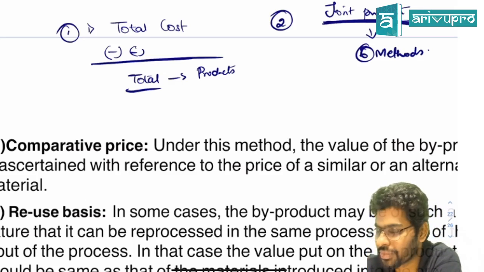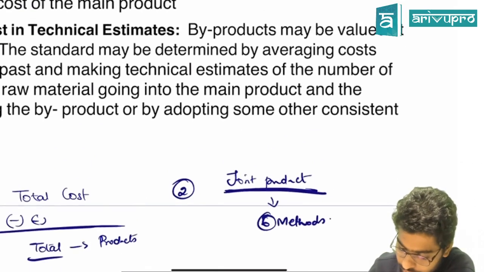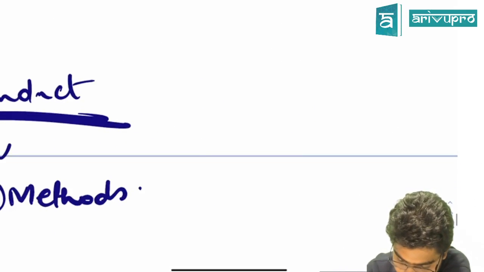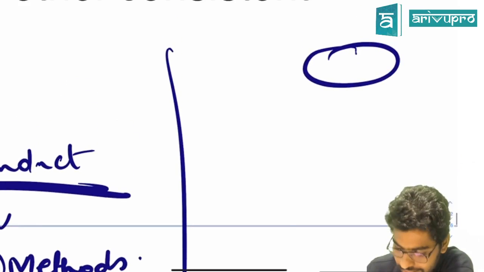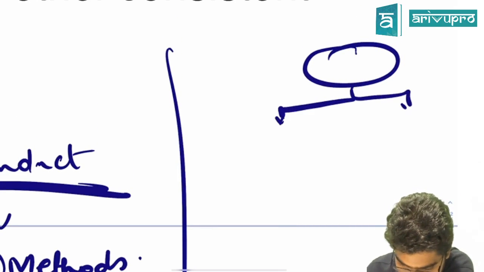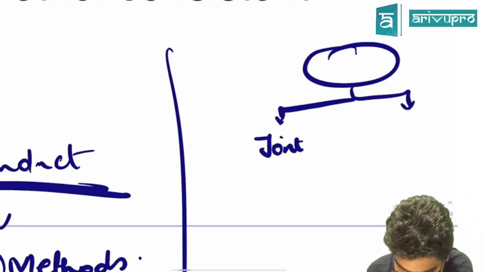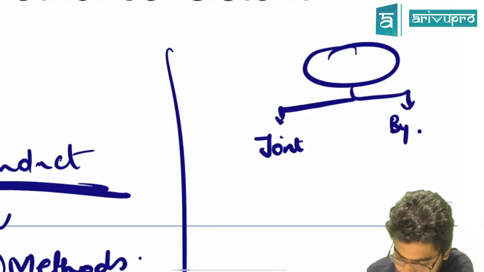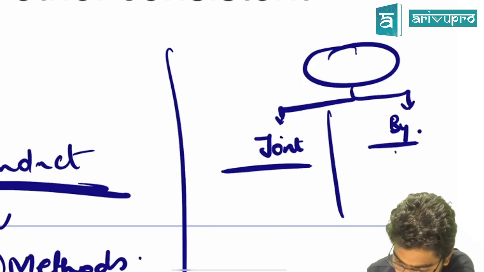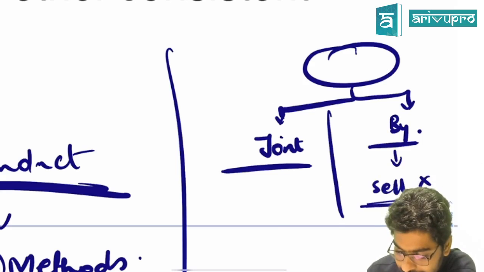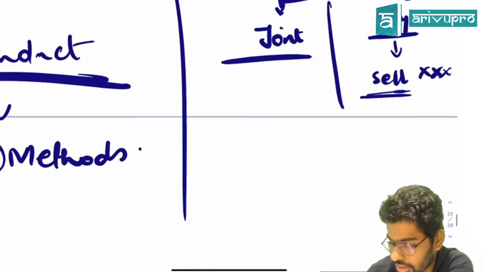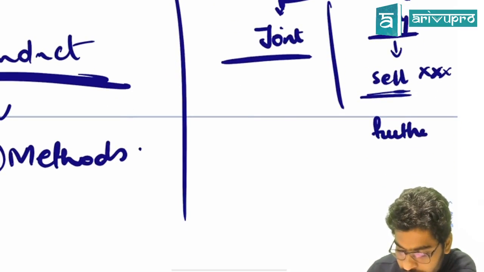The last one is, if this byproduct has to be further processed, let's say I have 1 unit, this is going to become my joint product and I have a byproduct. Now this byproduct, I would always assume that I can sell it right now. Let's say it is not in a position of being sold, you have to further process it.